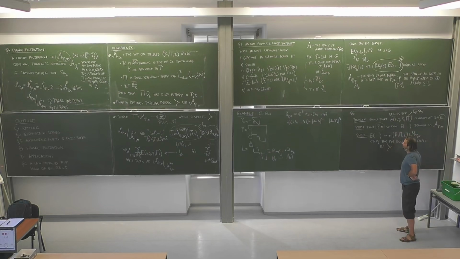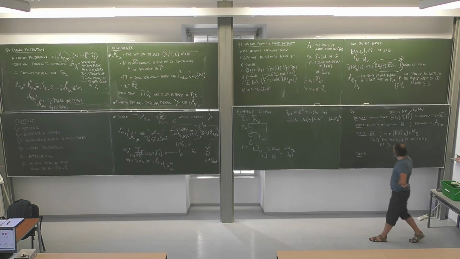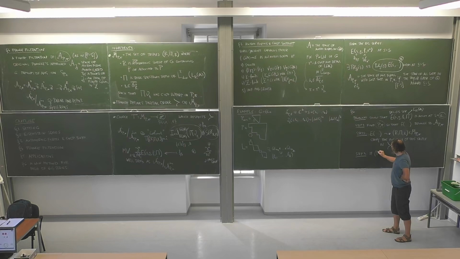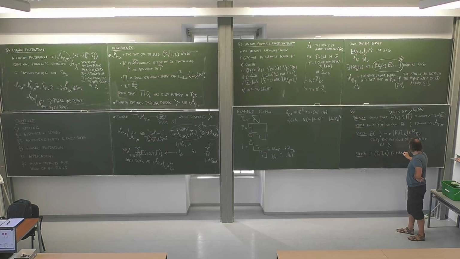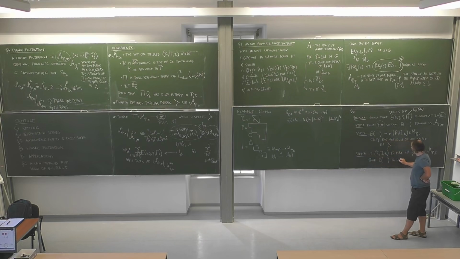And then step 3, if r pi z is maximal in the partial order on m p pi, then our Eisenstein series is holomorphic at s equal z.